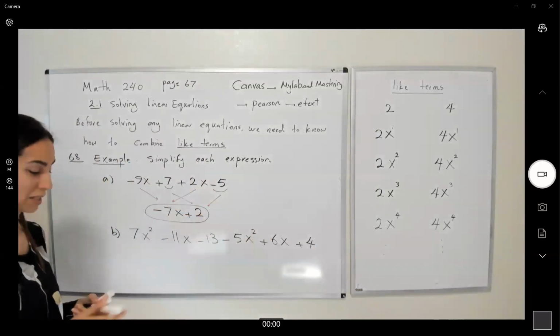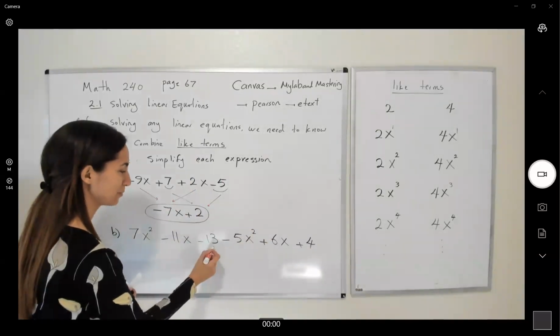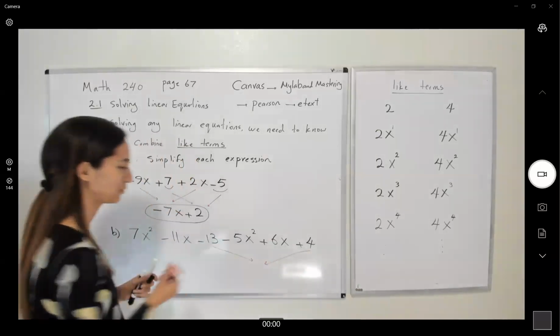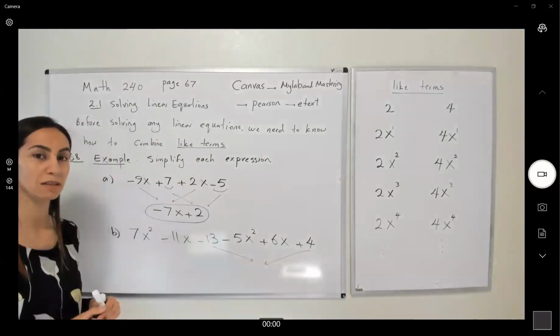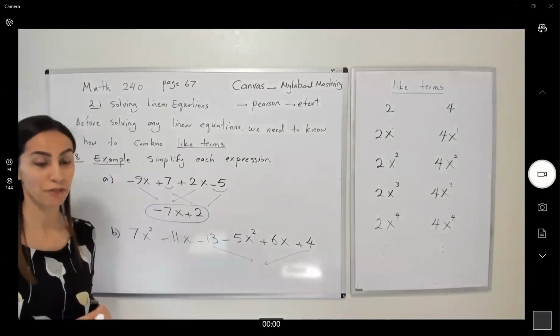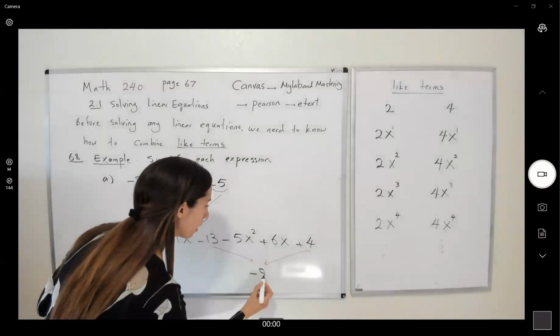Very well. Here you have two constants, minus 13 and 4. Minus 13 plus 4. The outcome is negative 9. So you copy down minus 9 here.